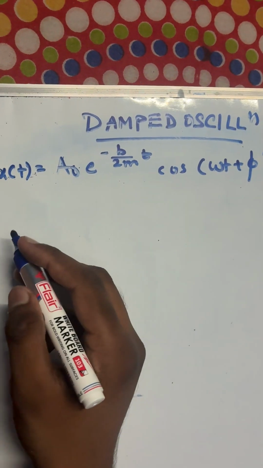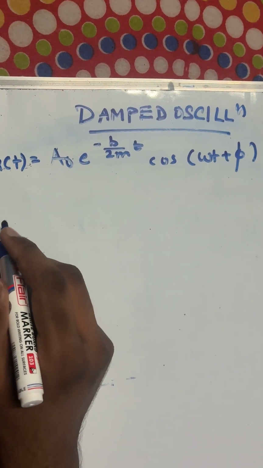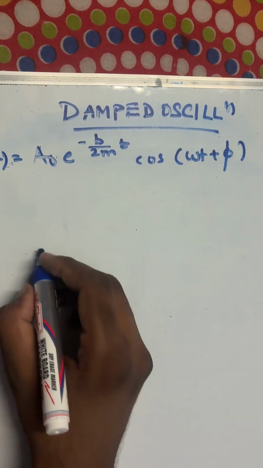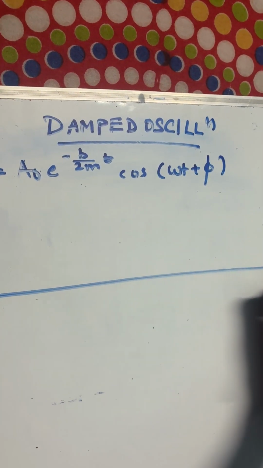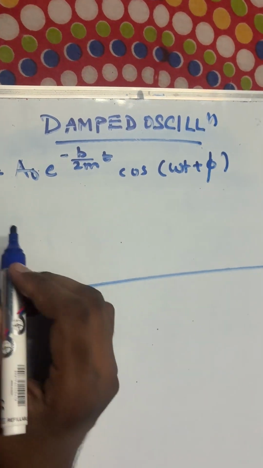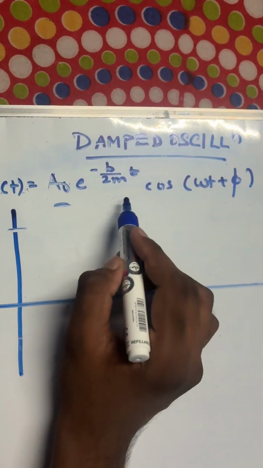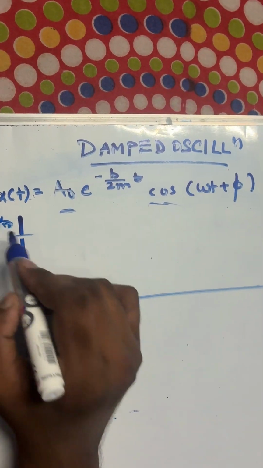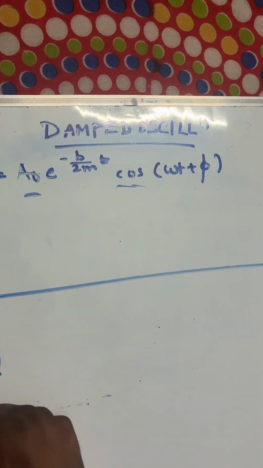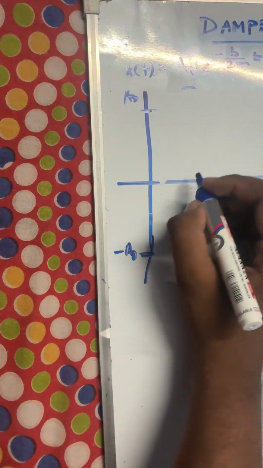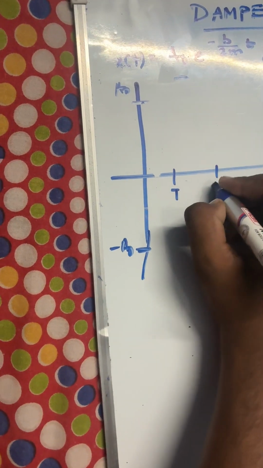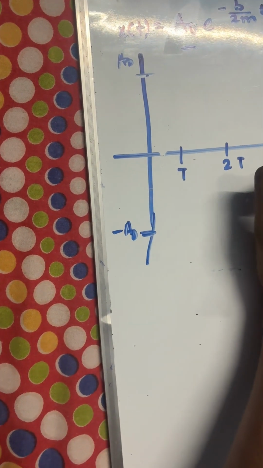This type of format we will get. I can show you the graph. Actually the graph is like this. The cosine curve's maximum is A naught, and here it's minus A naught. So first this is t, 2t, 3t.